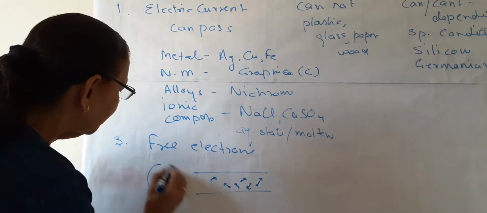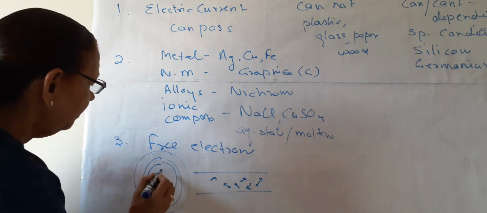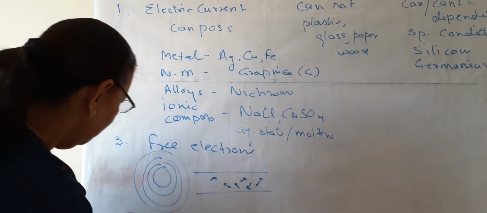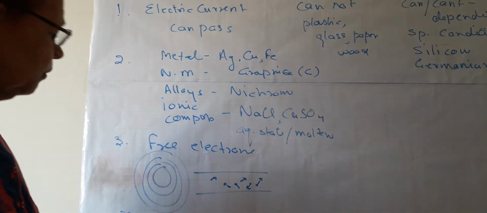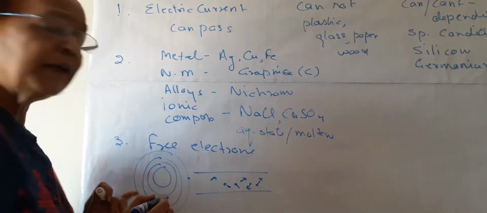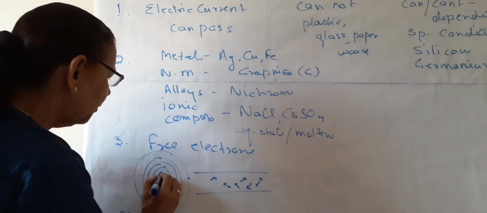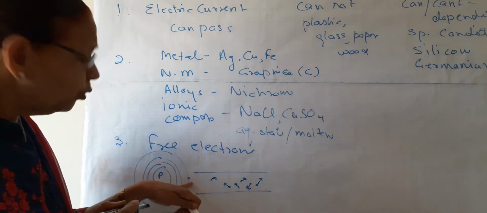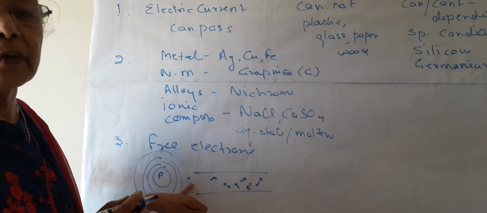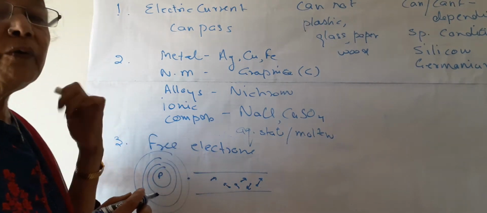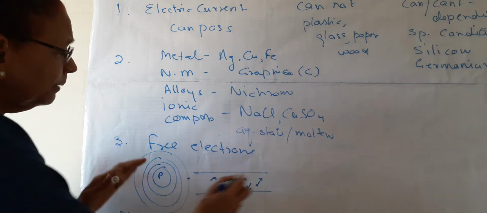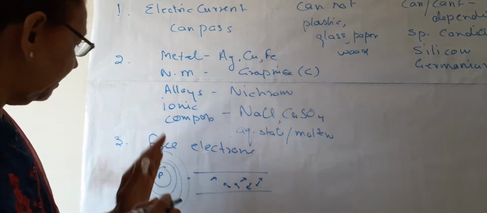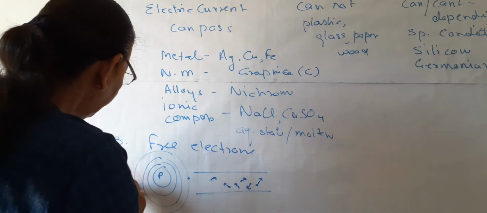Suppose this is the atom of copper, 4 shells are present, 2, 8, 18 and 1. The atomic number is 29. So in the valence shell, only one electron is present, and here protons are present in the nucleus. This nucleus loosely holds the outer electrons. So they are free to move in any direction, and due to the presence of these free electrons, electricity can pass. This is the structure of copper.